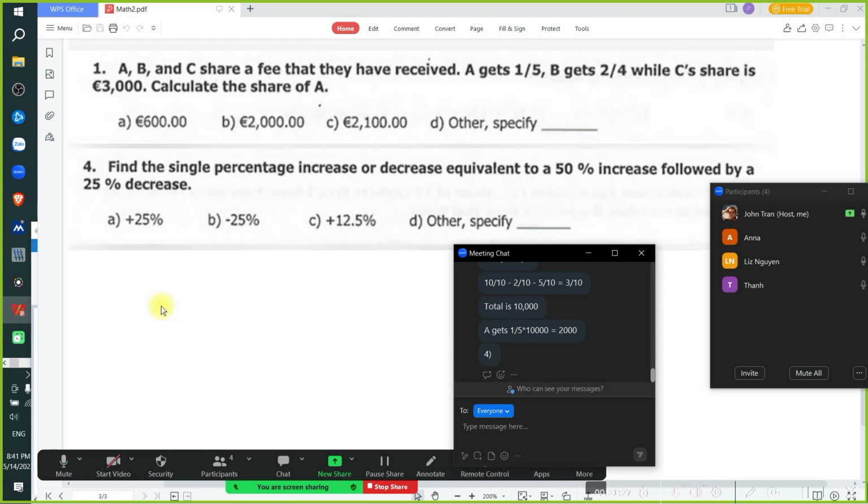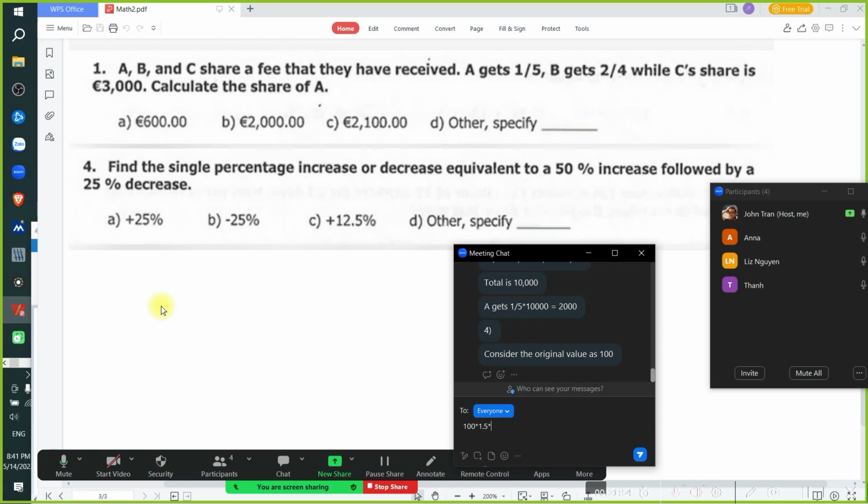Please do it. Let's take the initial value as 100. So a 50% increase, it's going to be 150, right? Or you times 1.5.